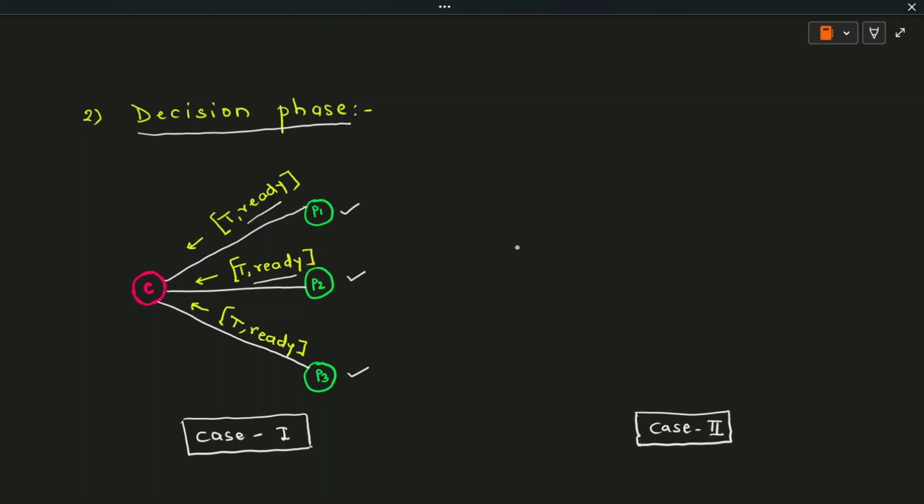So with the help of the responses received from the participating sites, the coordinator has to decide whether to commit or abort the transaction. As all three responses state that all participating sites are ready to commit the transaction, the coordinator site will take the decision to commit the transaction and it will send the T commit message to all the participating sites. When the participating sites receive that T commit message, they will commit the transaction at their end.